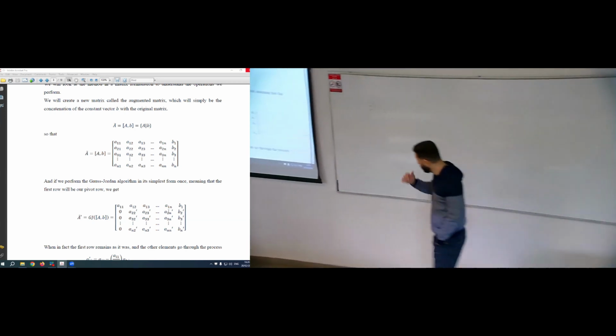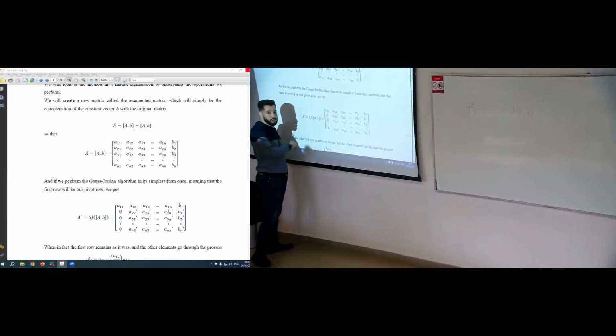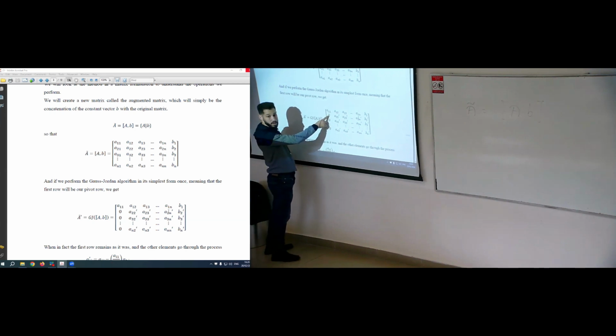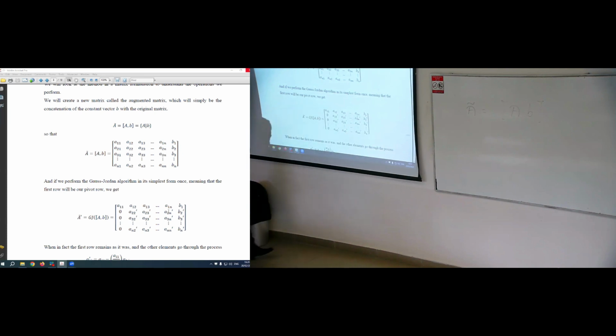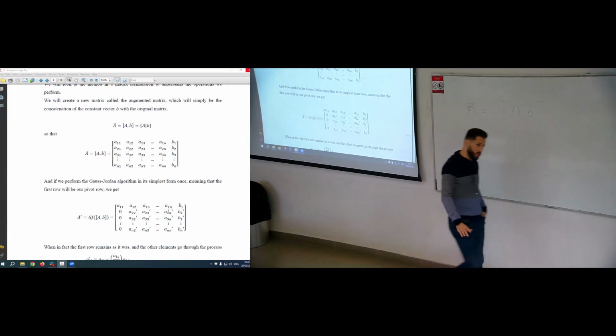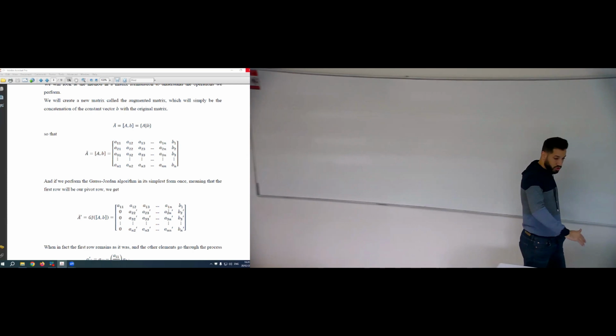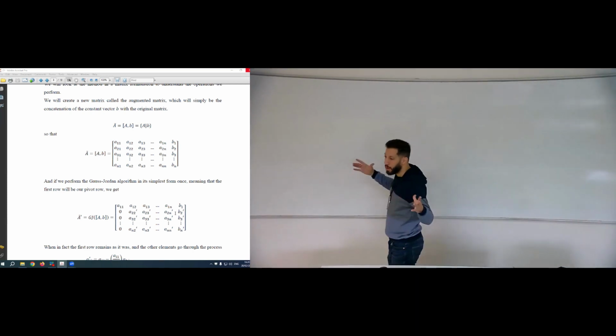How do I do that? I take each row and replace it by itself minus its first element divided by A11 multiplied by the first row. And I do this for every row. I call this step number 1.